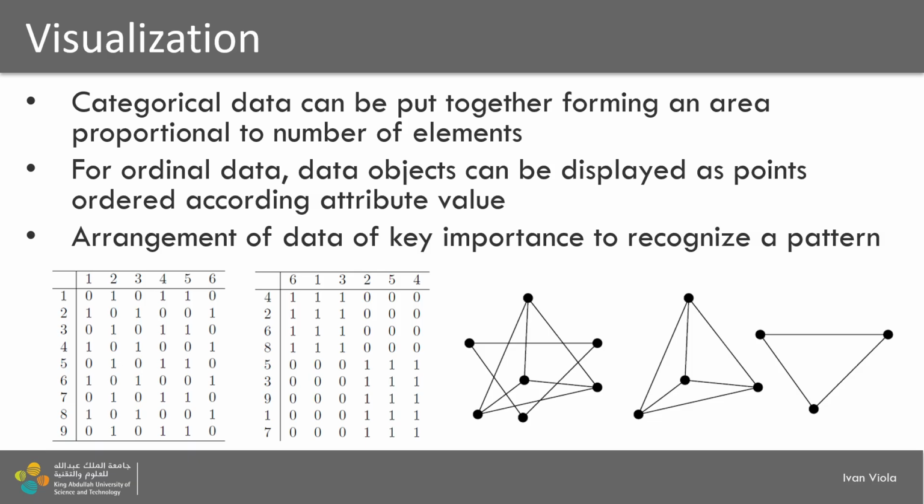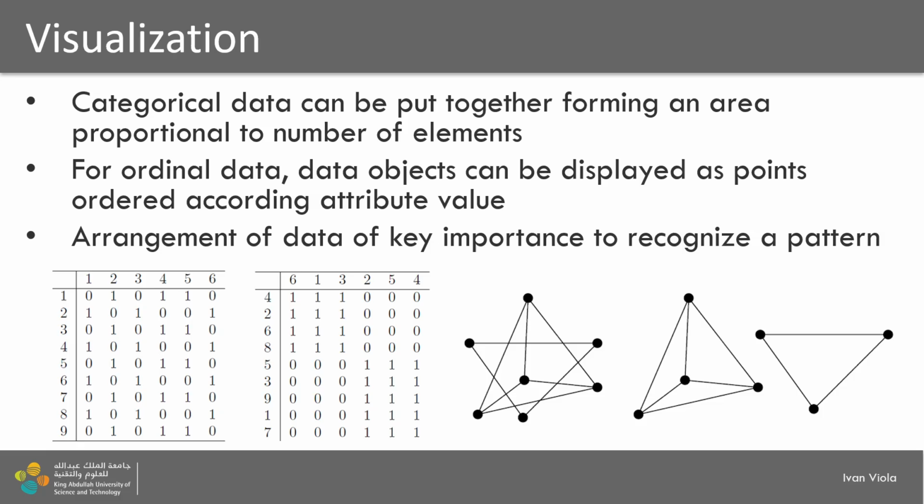Additionally, there are several guidelines for what we can do with, for example, categorical data. If we have categorical data, we can put them together, forming an area proportional to the number of elements of the attribute which is from a certain category.